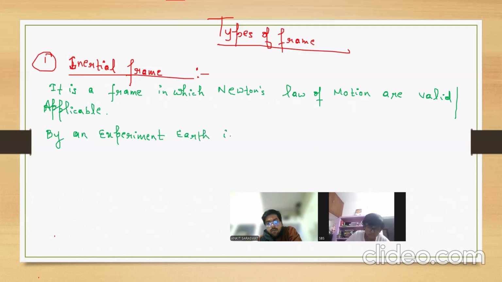We are saying Earth is approximate because we are living on the Earth. That's why we are thinking Earth is at rest, but it is not. Approximately, we are considering, okay? Earth is an approximate inertial frame, okay?